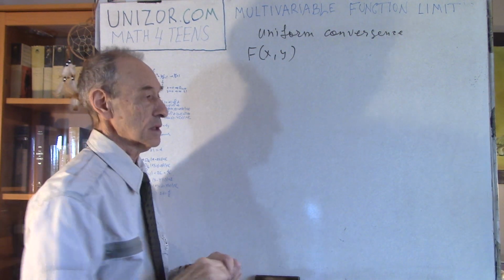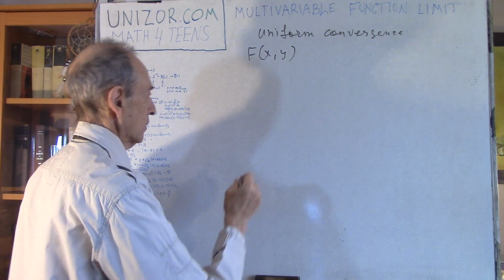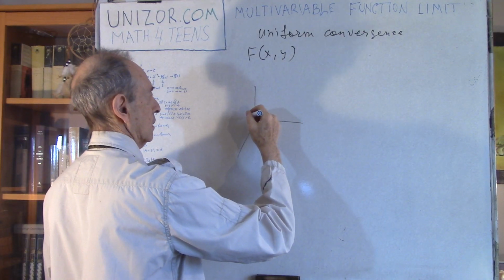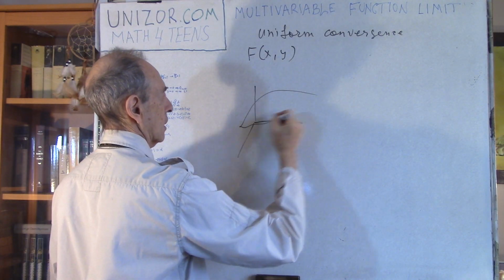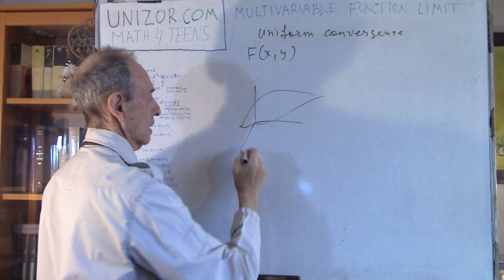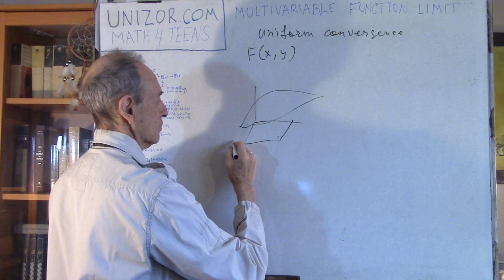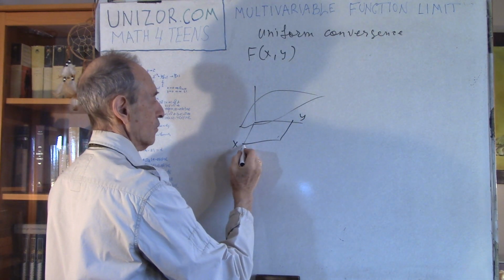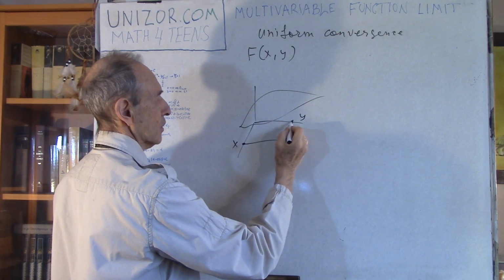Basically, the concept is that, let's say we have some kind of a graph in the two-dimensional case. So this is a surface, basically. These are x and y. And we are talking about x and y going to specific points.